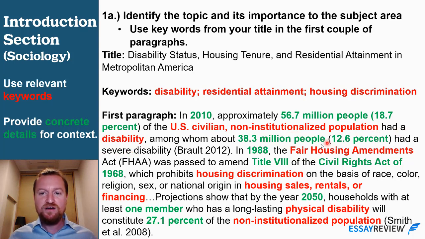So we have a lot of details right away, and we have our keywords: disability, residential attainment, housing discrimination. So we have not only the keywords, but related keywords right away. We don't want to be too broad with our background. Even though it's a broader section, we want to use these keywords.